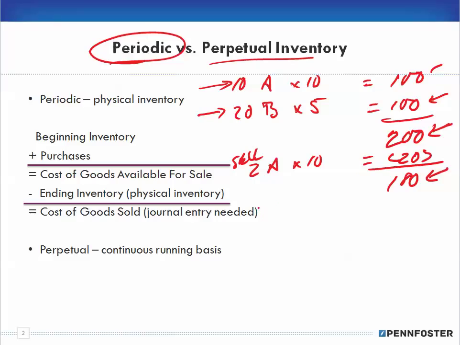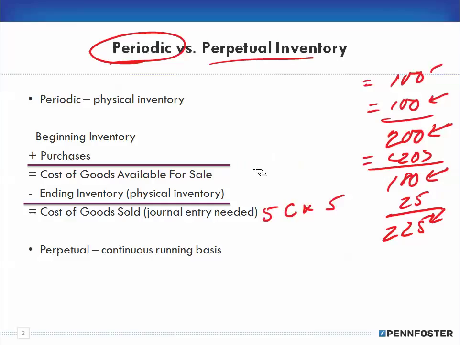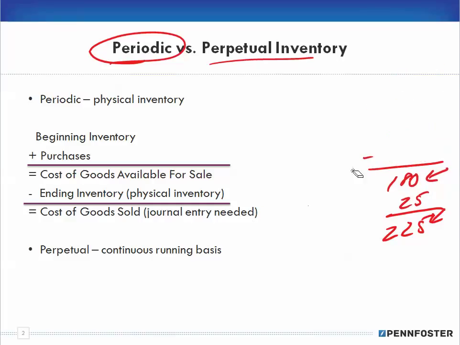If I buy, say, 5 of C at, let's say, $5, that's an additional 25, so now my new inventory value is 225. You see how as things go in and out, I'm constantly updating the value of the inventory. That's perpetual inventory. It's not very difficult. All you're doing is just keeping track of what's going in, what's going out, and constantly updating the balances.